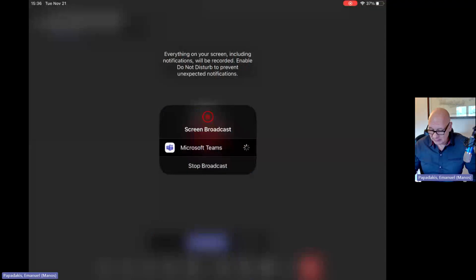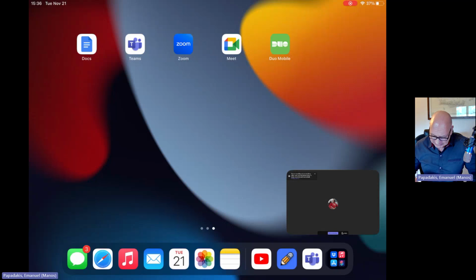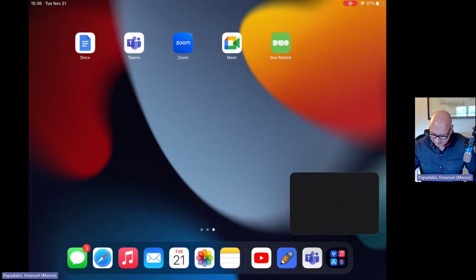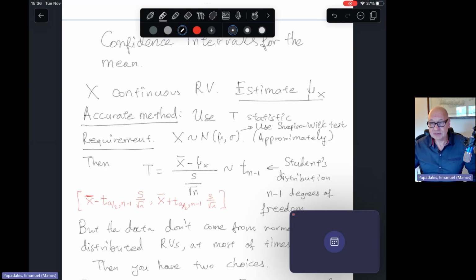So for confidence interval estimation, we have some methods that come from older times. Stupid thing wanted to do this now.